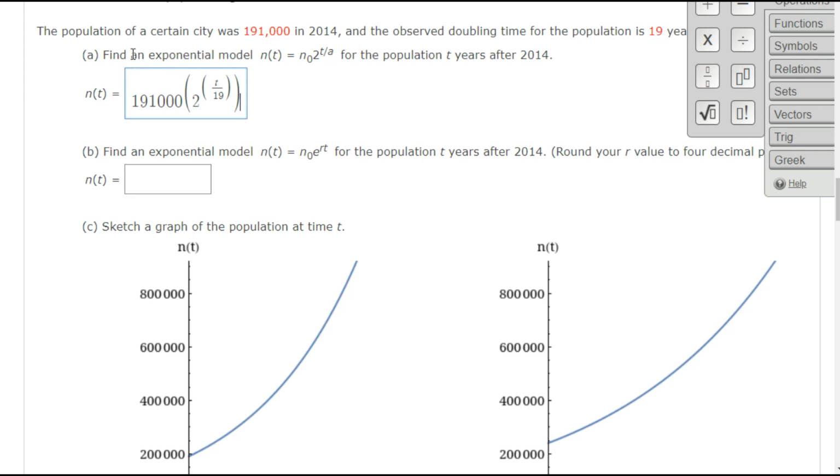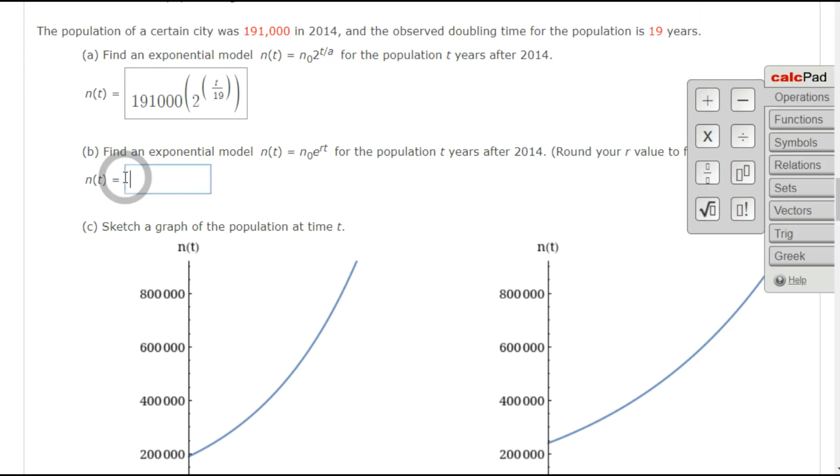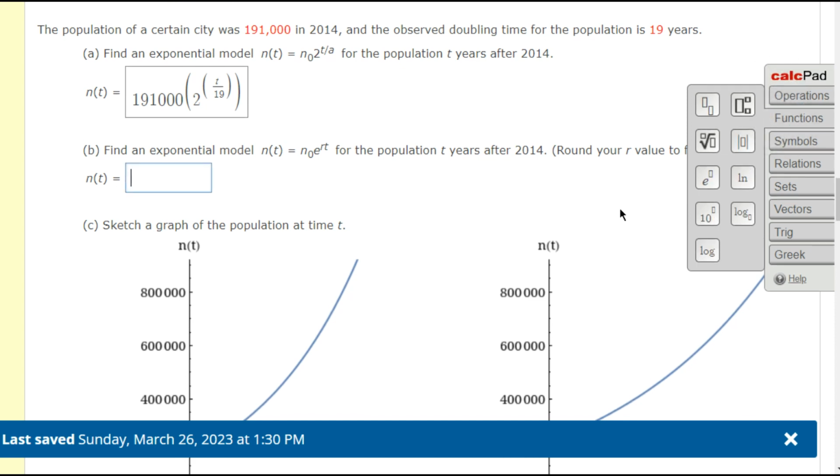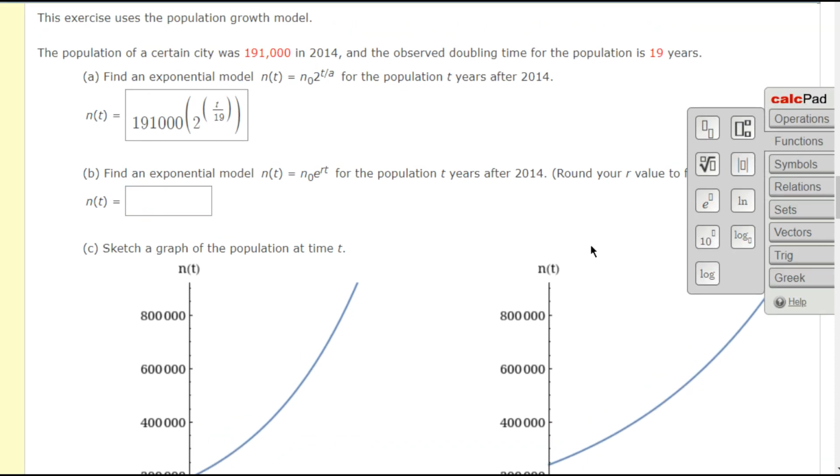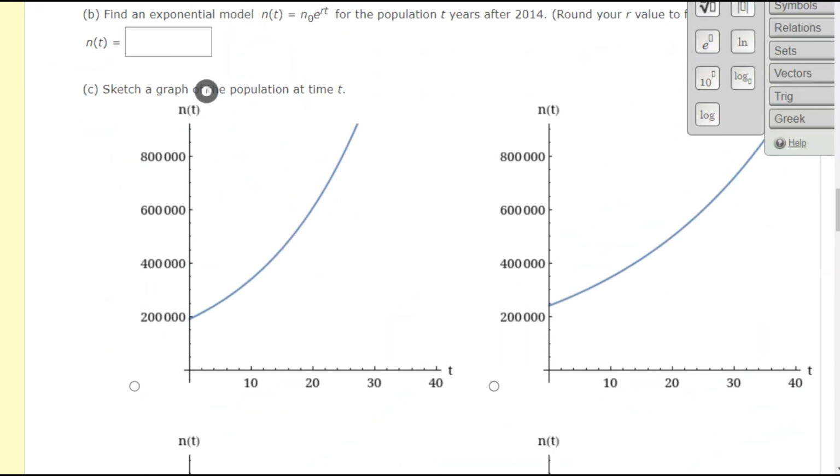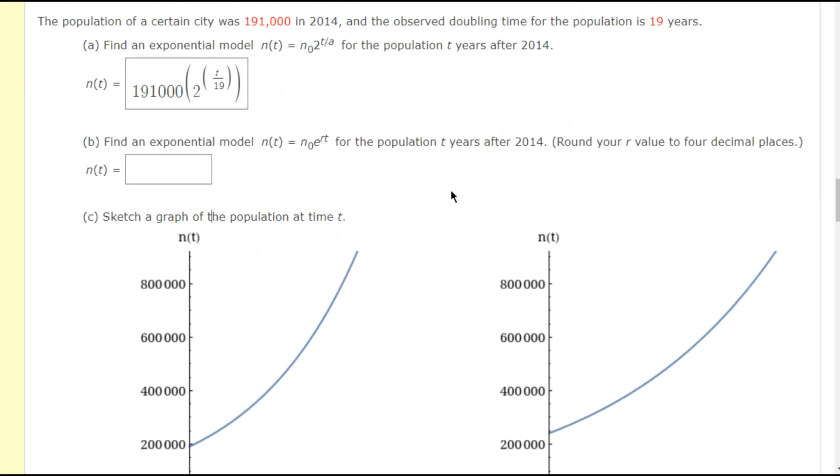Okay, super. Oh, look at this. Find an exponential model for the population t many years after 2014. Okay, dokie. Super.